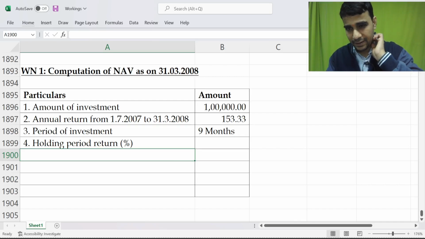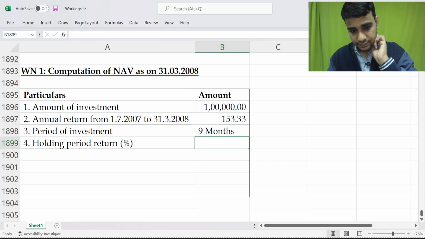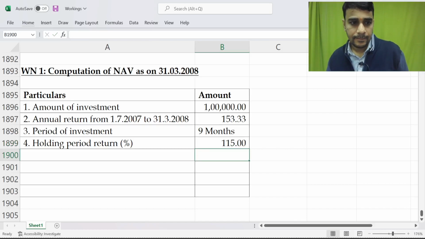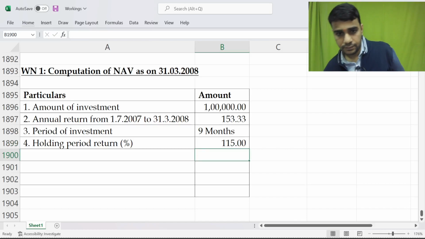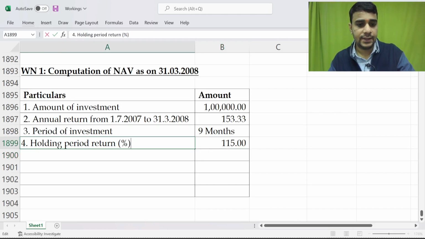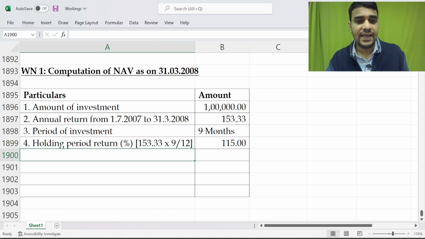So what is the holding period return? 153.33 is for 12 months, 9 months is question mark. 153.33 into 9 by 12 is 115. Any doubts on this?